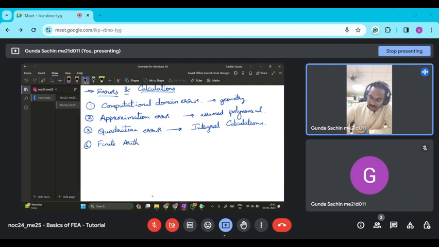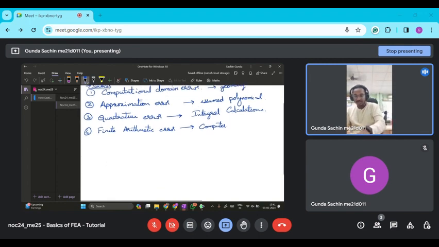And this one depends on the system you are using and the variable defined, something like integer or double or float. It depends on those kinds of things. So these are the sources of errors. So we have several sources of errors.